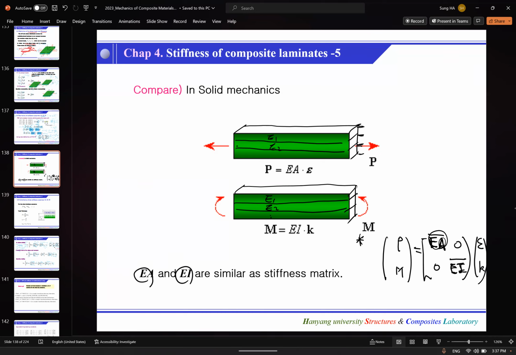Now, depending on the sequence, imagine that we have top and bottom, say E1, 2, 3, we have aluminum and say any material, rubber, or the bottom is steel.